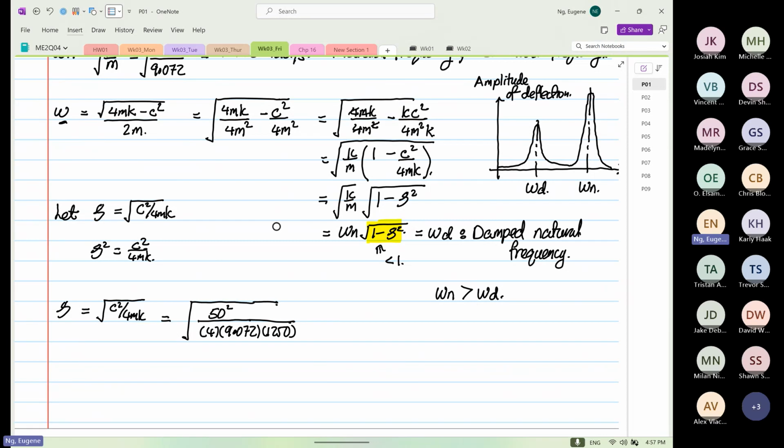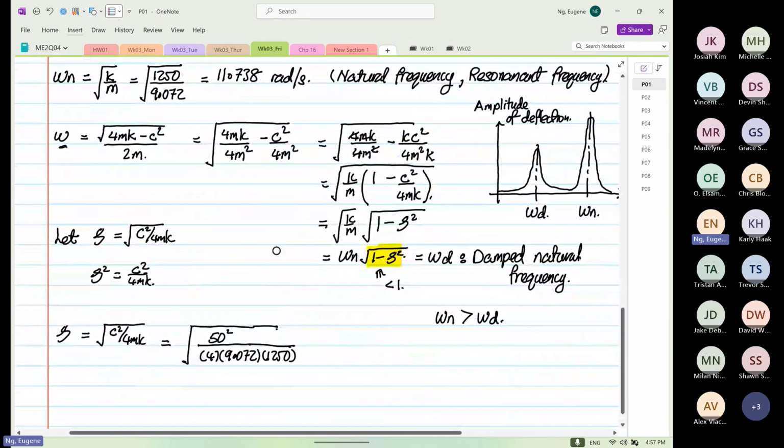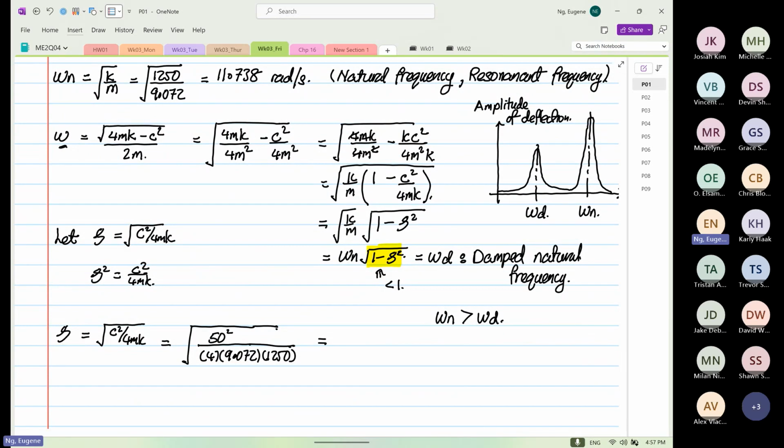Okay, so our k is 1250. So from here, we get 50 squared divided by 4 divided by 9.072 divided by 1250. Square root of the whole thing is 0.235.